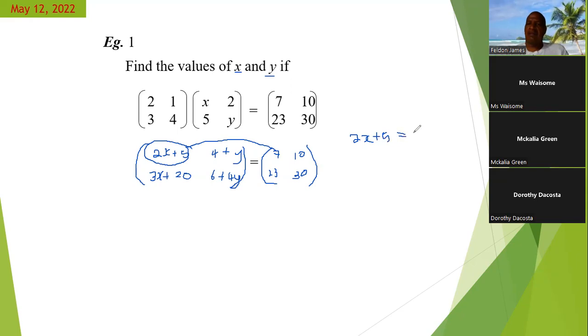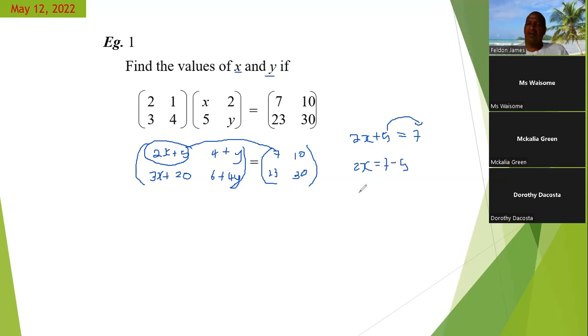Sir, but I got the answer as x equals 1. All right, so let us solve it and see what you get. We want to leave X by itself, so we're going to bring over the 5 and subtract it from the 7. Let me write it in the correct way: 7 minus 5.